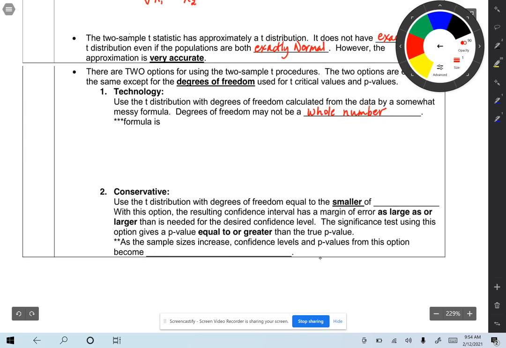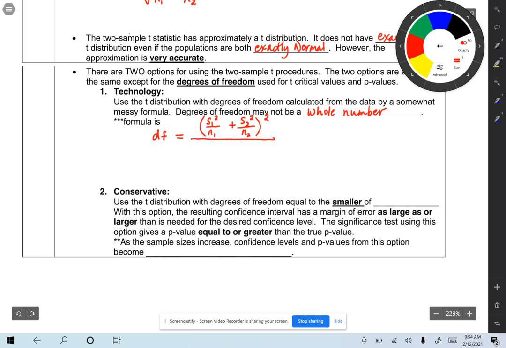So here's this formula. The degrees of freedom is equal to, in the numerator, S1 squared over N1 plus S2 squared over N2, all squared.